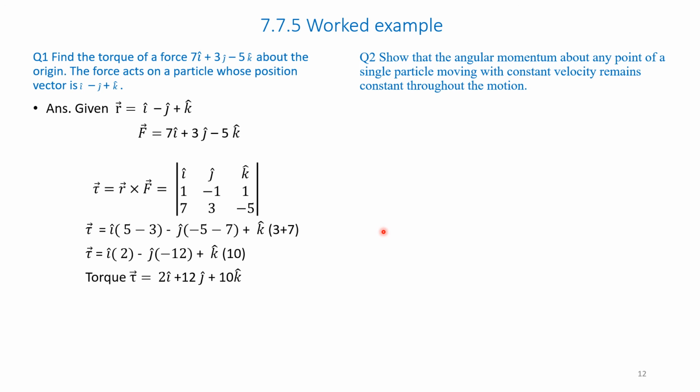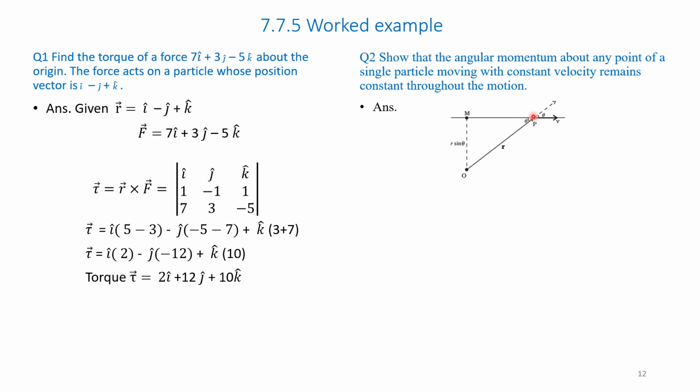Next question is question number 2. Show that the angular momentum about any point of a single particle moving with a constant velocity remains constant throughout the motion. Answer. Let the particle with velocity v be at point P at some instant of time.